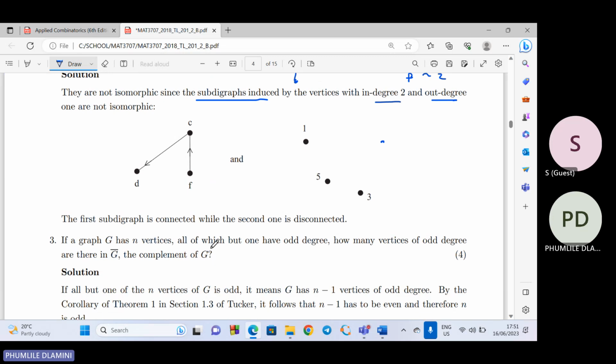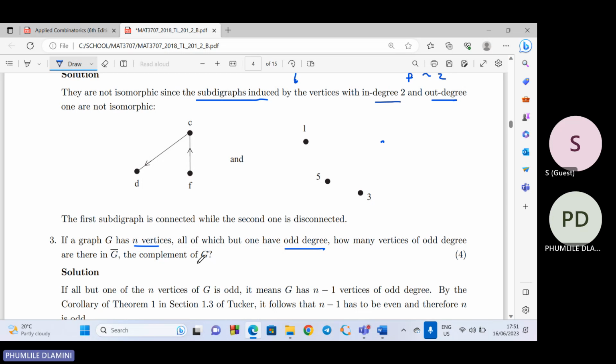This one says: if a graph G has n vertices, all of which but one have odd degree, then how many vertices of odd degree are there in G, the component of G?